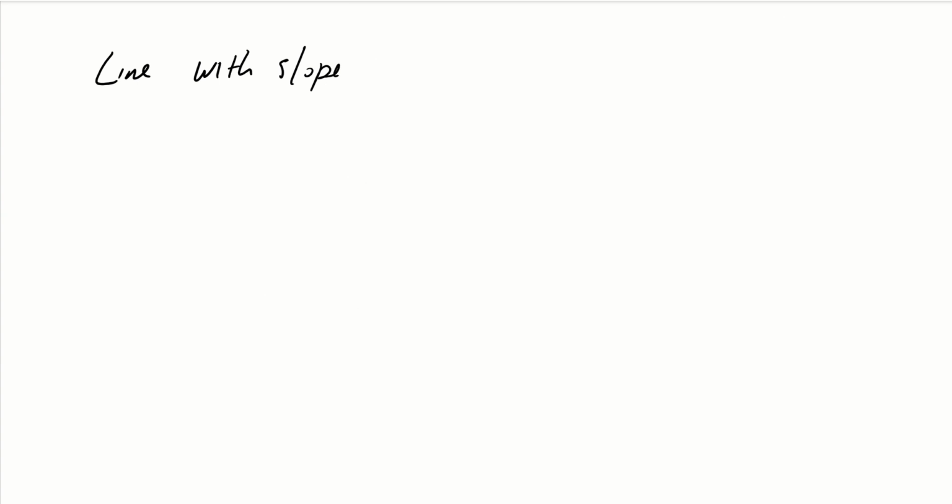Let's look at one more. So if I'm told I have a line with a slope of 4/7 and goes through the point 1, -4.